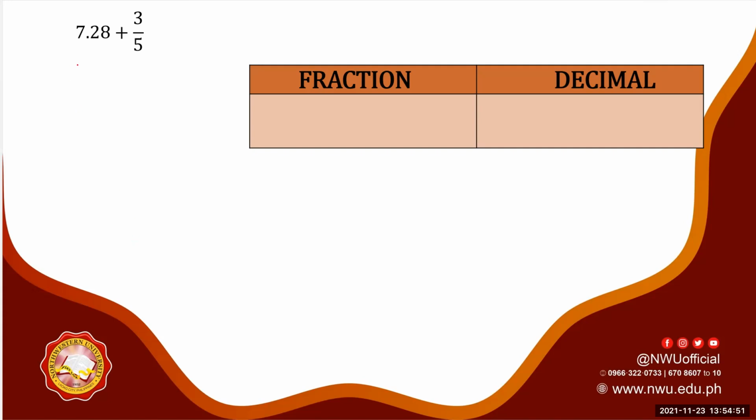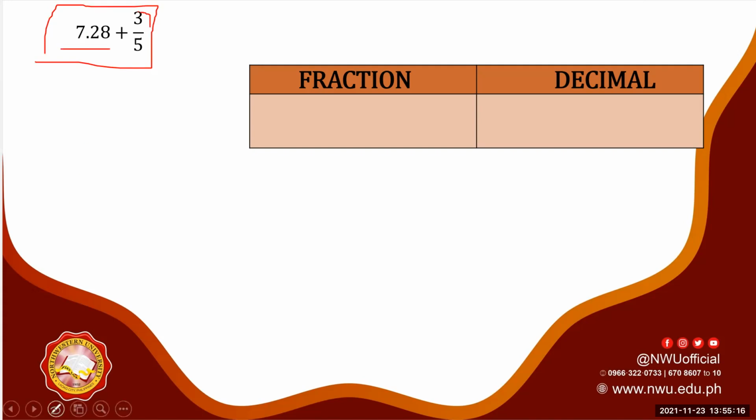So, in this scenario, ang gagamitin lang natin is decimal form. Pero gusto kong ipakita pa rin kung ano yung pagkakasulat ng ating problem when it is written into fraction. Ibig sabihin, since ang 3/5 natin ay fraction na, ang ating i-rewrite na lang is yung 7.28.